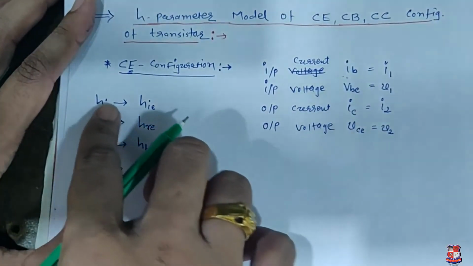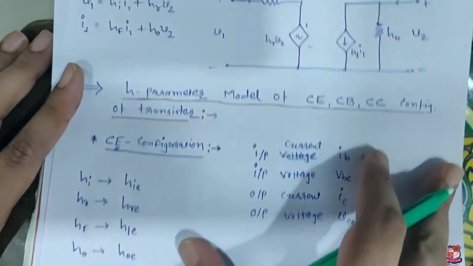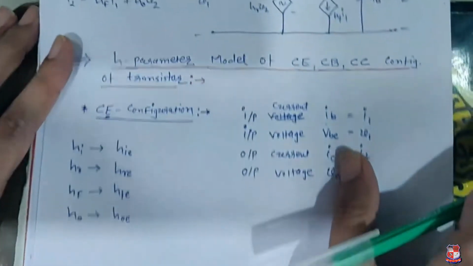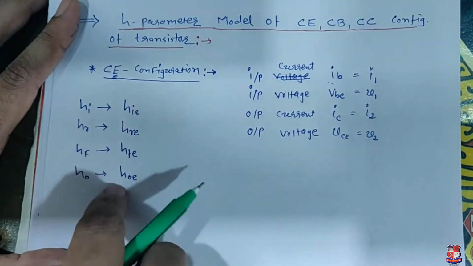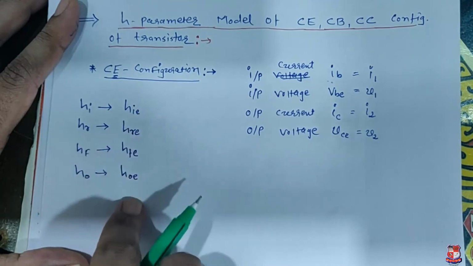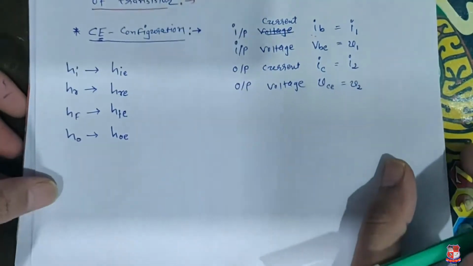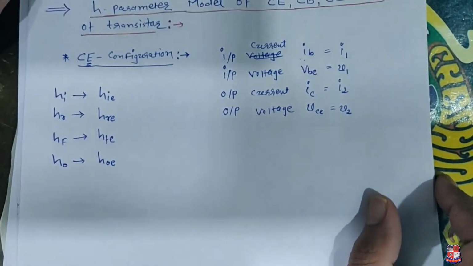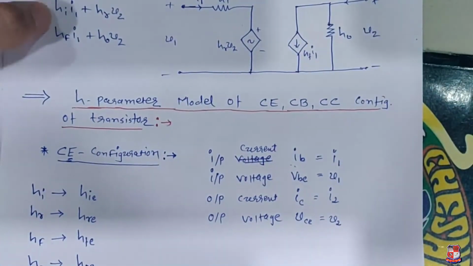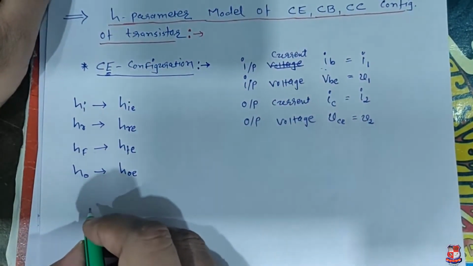Second change: these are the common H parameters for transistor, and these 4 parameters we have to represent with new names with the additional suffix E. So this will represent the H parameters of common emitter configuration. Now we can rewrite these two equations again for the common emitter configuration.